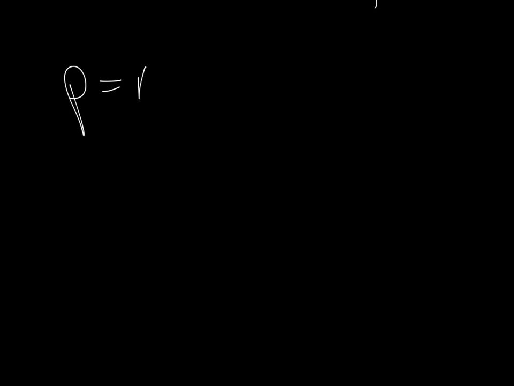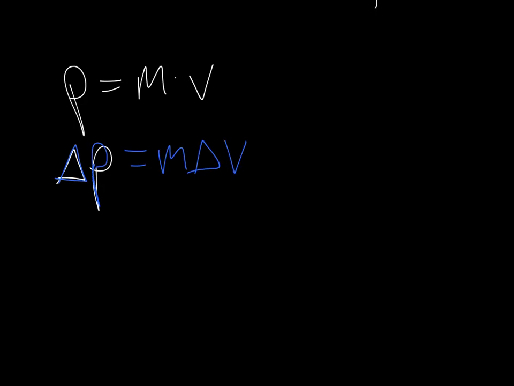Momentum equals mass times velocity. And if I change my momentum, then I'm going to get my mass times a change in velocity, because the mass is not going to be changing.